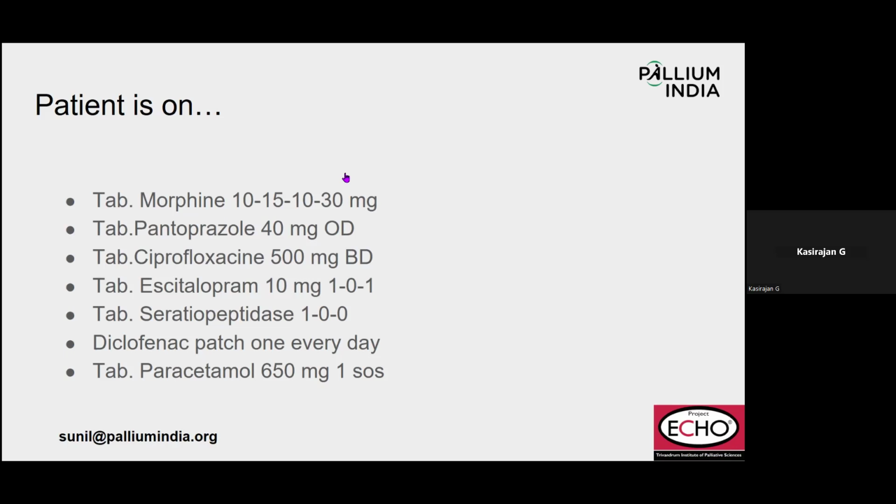Ciprofloxacin cause the QT. That's not the indications. What are the indications? Yeah, complex neuropathic pain, because this patient has already received nerve blocks and she was on various adjuvants.